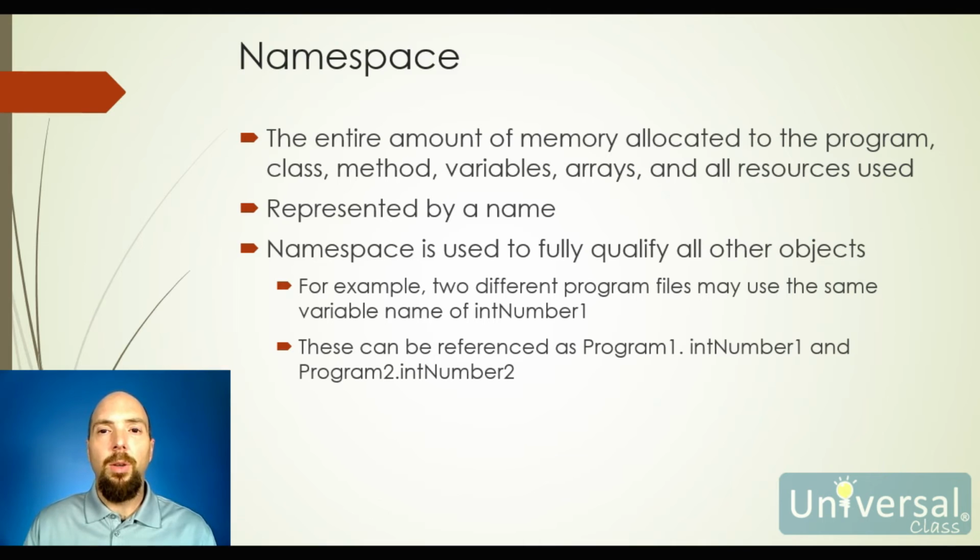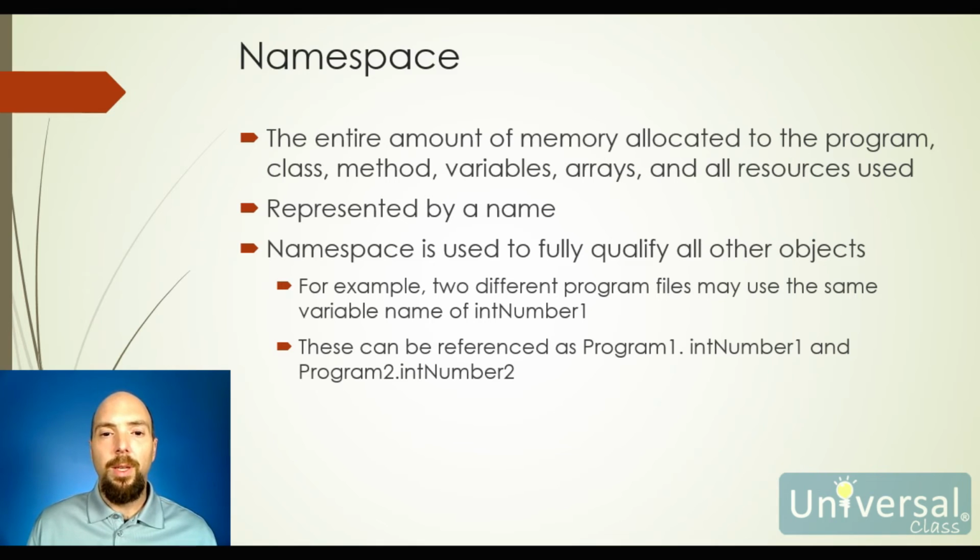All right, so then we have this thing called the namespace. Now the namespace is simply the entire amount of memory, all of the resources that we actually need to make up our program, they all get loaded into memory. And then what we do is we give all of this a name.